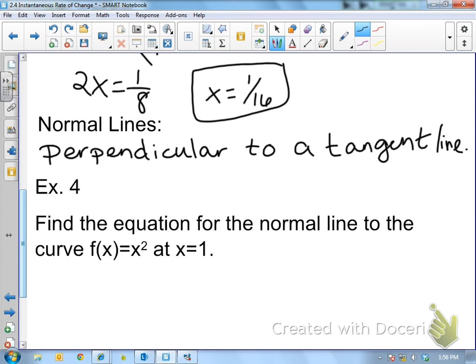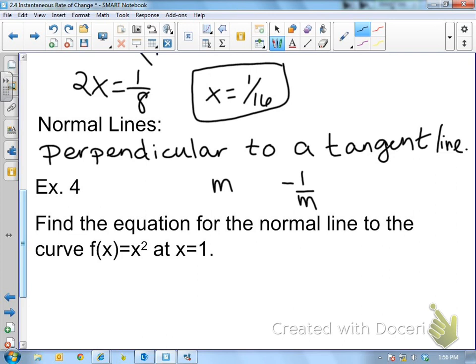What do we know about perpendicular slopes of lines? They're opposite. We need a second word. Reciprocals. So if the slope of the tangent line is m, the slope of the normal line would be negative 1 over m. Flip it, change the sign.